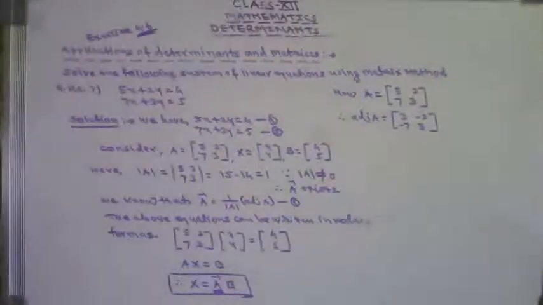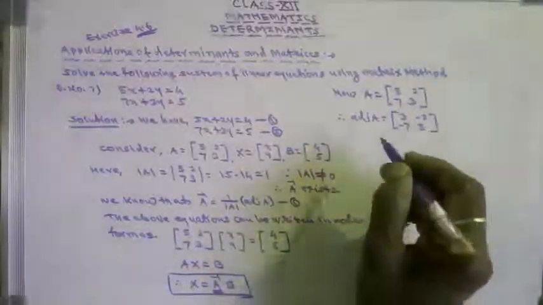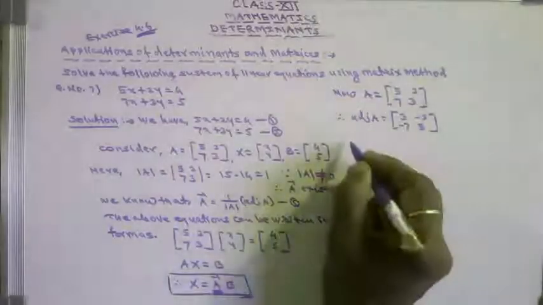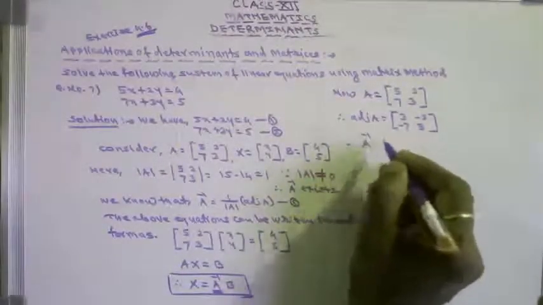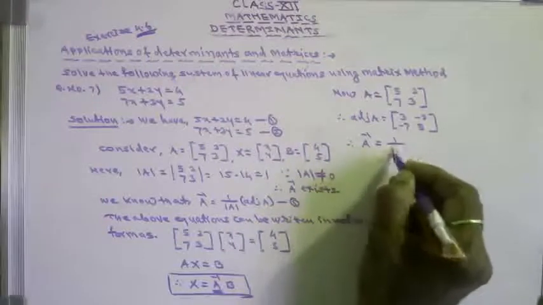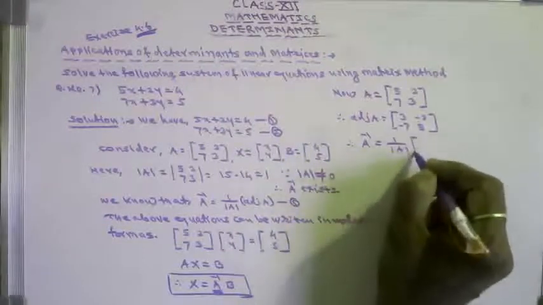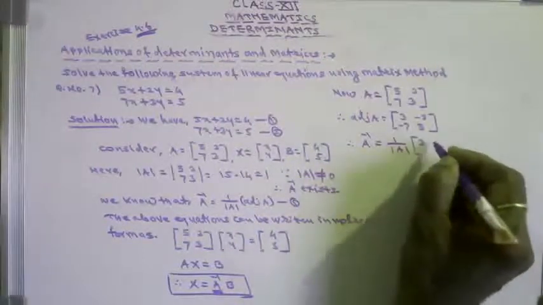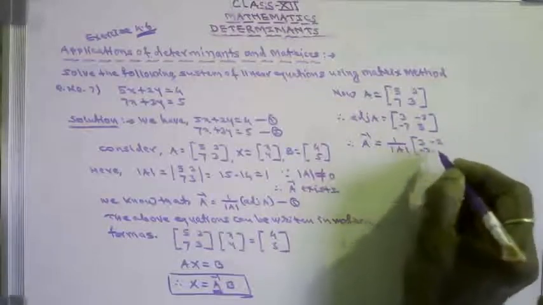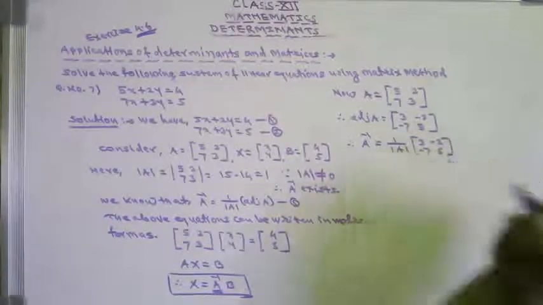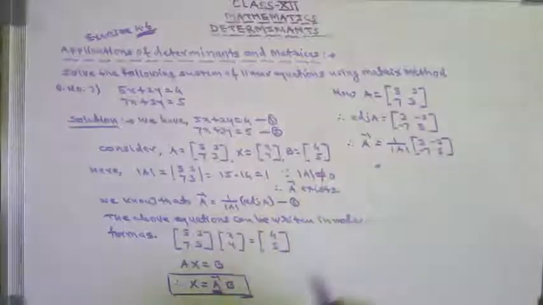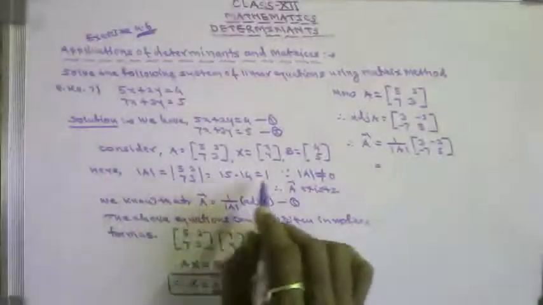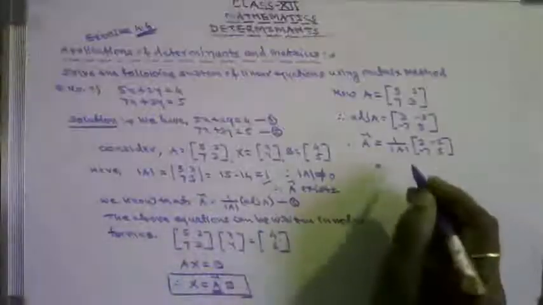Therefore A inverse equals 1 upon determinant of A into its adjoint, 3, -2, -7 and 5. The determinant of A is 1, so 1 upon 1.